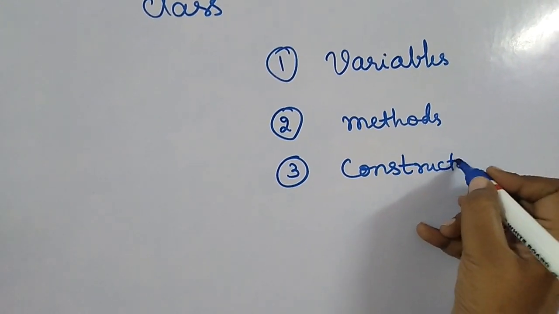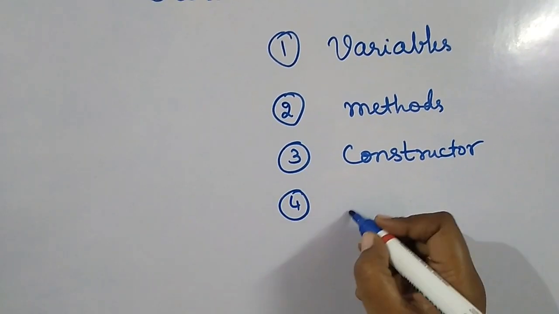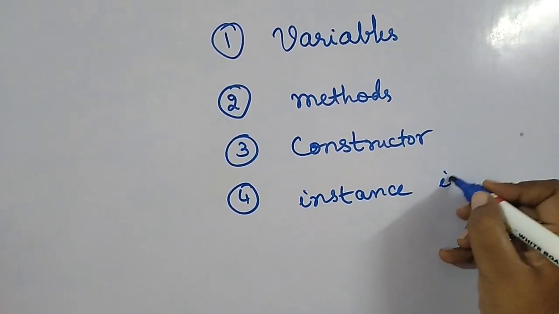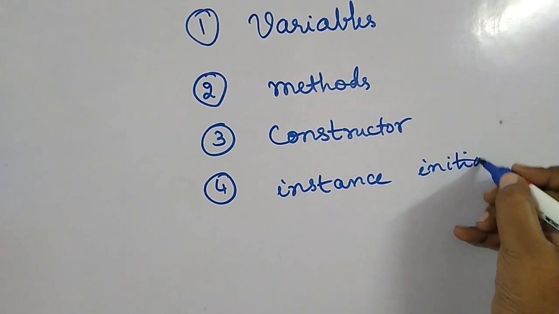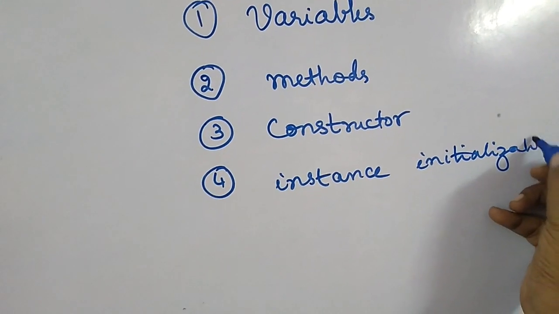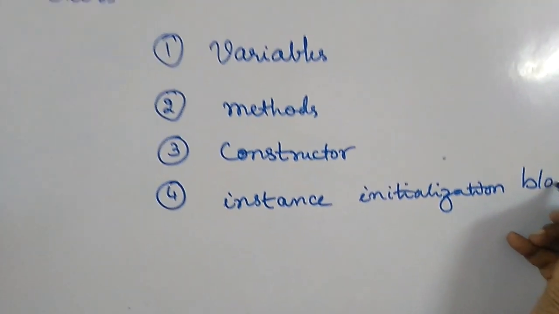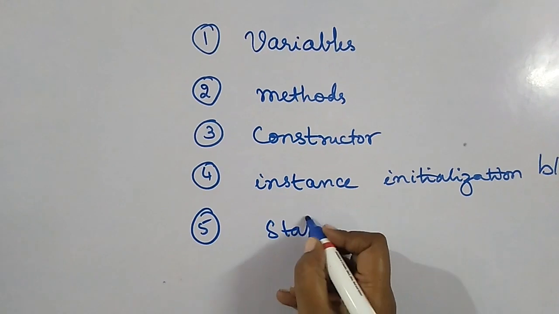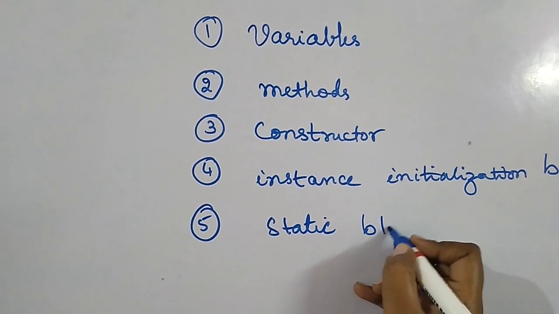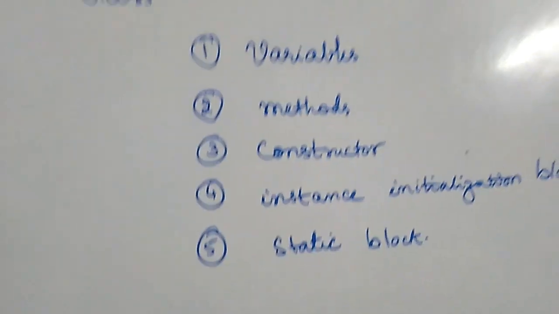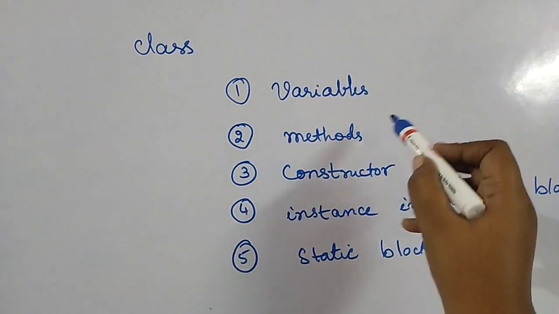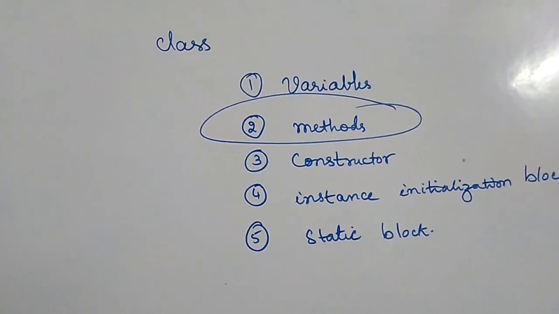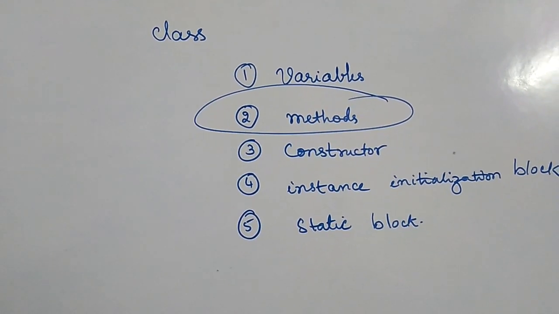The fourth element is the instance initialization block. And finally the fifth element is the static block. These are the elements inside the class, and Java gave a lot of power and flexibility to the methods. Among all these, the most powerful element in the class is the methods.